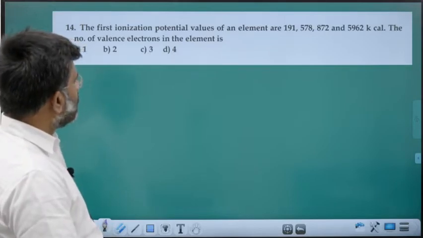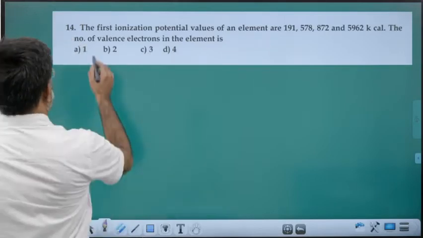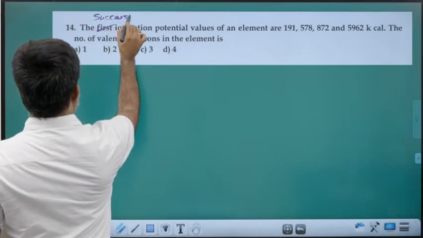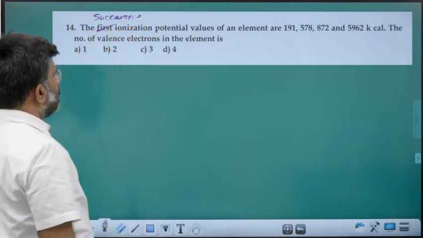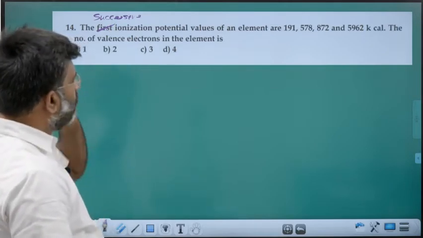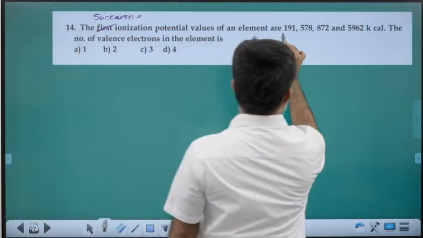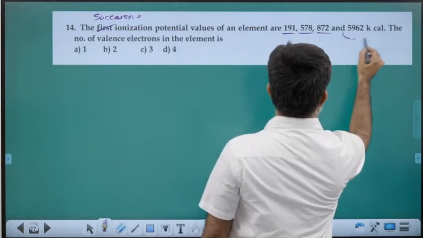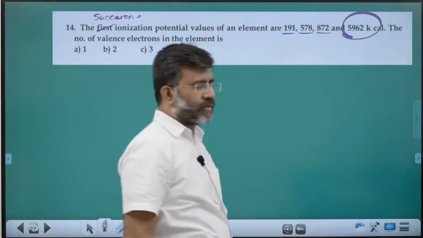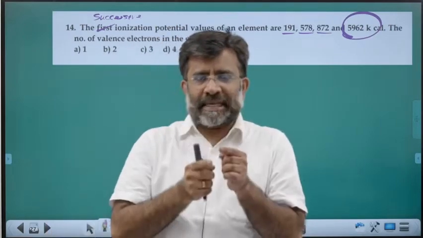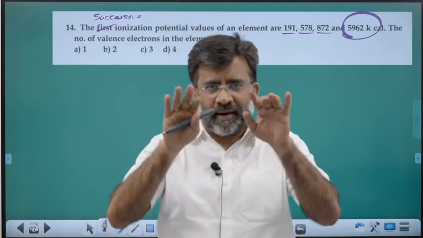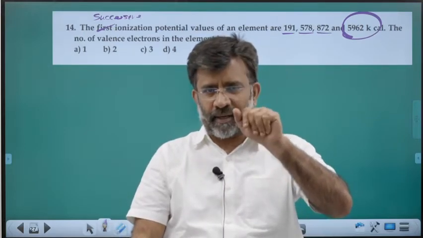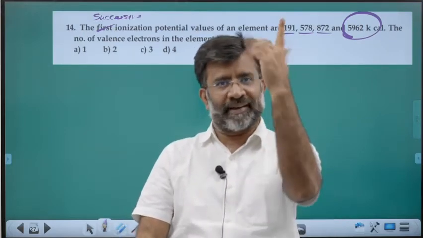Successive ionization potential values are given: 191, 578, 872 and 5962. The first value, second value and third value are comparable, but the fourth value is very high.